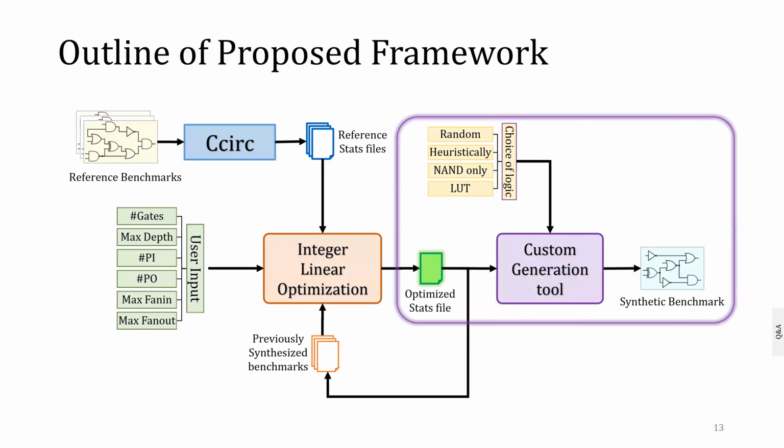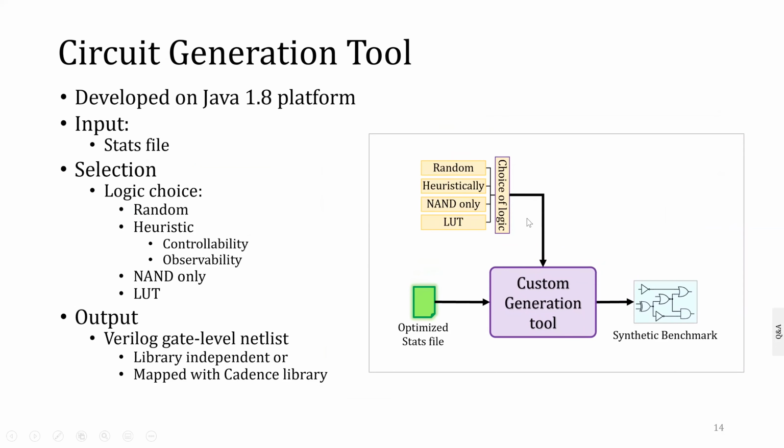Now let's look into the last part of the framework, that is a custom generation tool. This tool translates the statistical files back into the circuit format or gate level netlist format, and it takes input of the logic choice, which can be random or heuristical, like controllability or observability driven logic, or one can choose just NAND only design or lookup table designs.